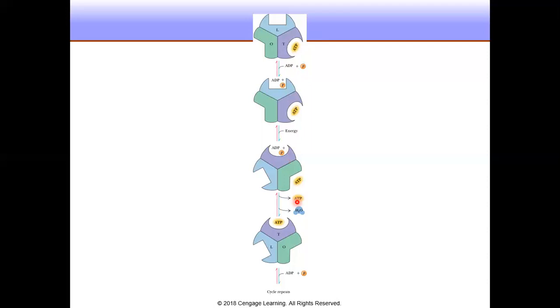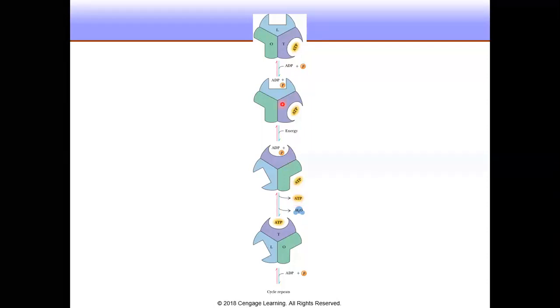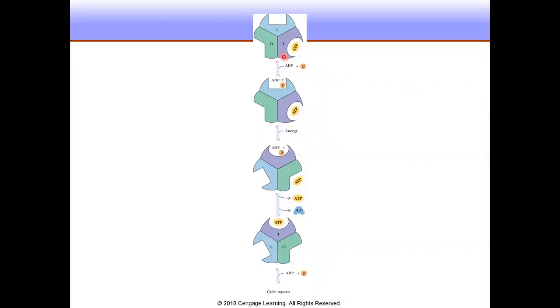Now, the site at which ADP and Pi are bound, this one, assumes the T conformation from L. It becomes T, as you can see, which can then give rise to ATP. Then a new ATP is synthesized. So bound ATP is released and a new ATP is synthesized, as you can see here.